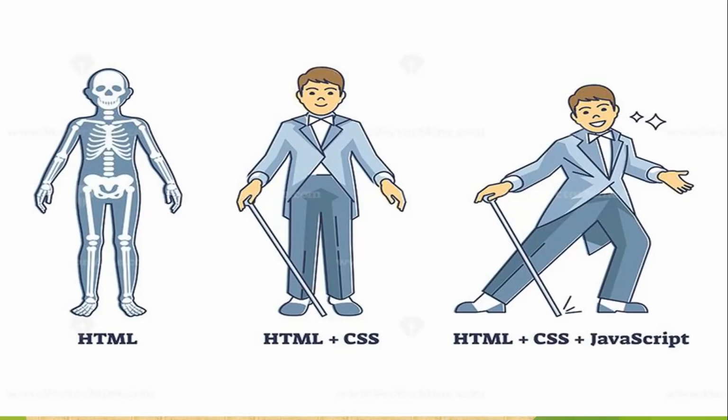We need to make him dynamic using JavaScript. This young man was just a hypothetical example representing our website. If this man was our website, HTML will help us lay out the structure, CSS will help us beautify the website with color and layout, and additionally, we shall bring in JavaScript to make the HTML elements dynamic at the end of the day.